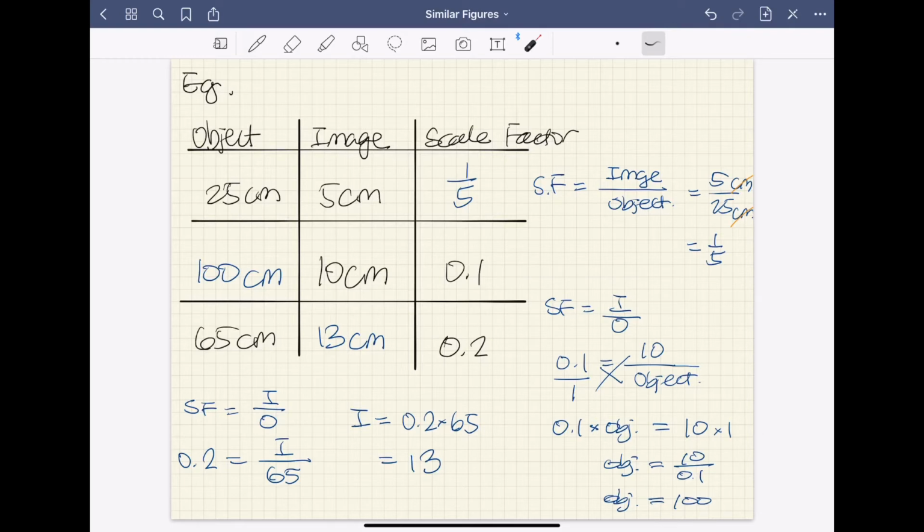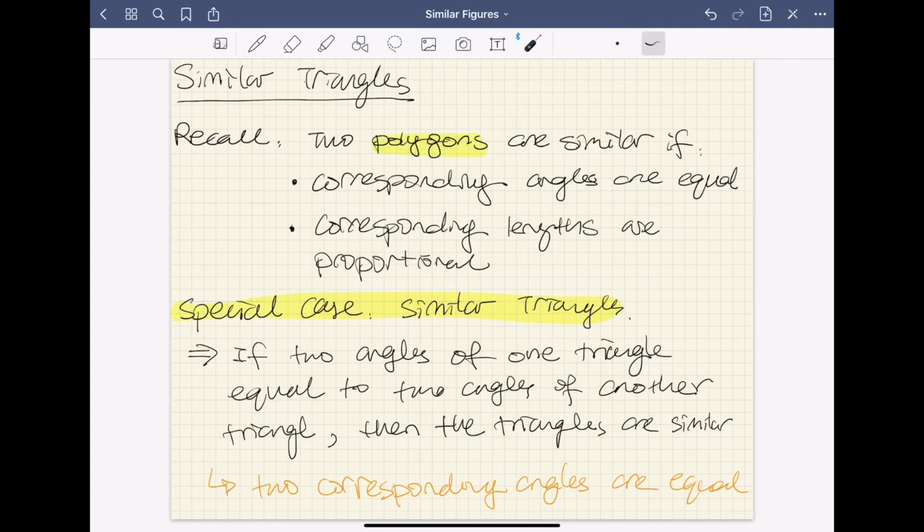The object is 100, the image is 10, so it's a reduction again, and the scale factor here is 0.1, between 0 and 1, so a reduction makes sense. Last one, again, object is greater and image is smaller, so your scale factor will be between 0 and 1. So every time after you've done a question, better check if the image size, the object size, or the scale factor makes sense.